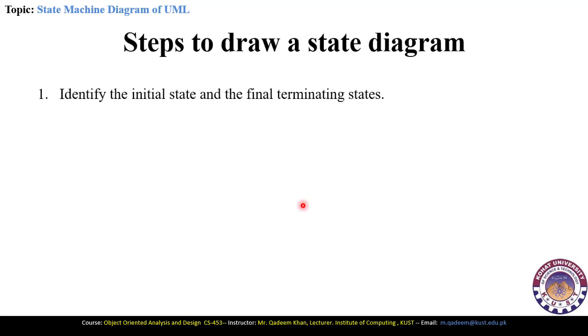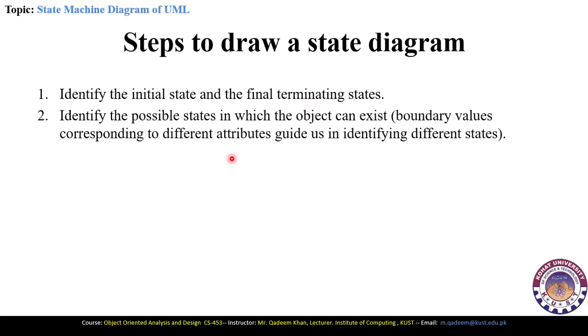Now, what are the different steps used to draw the state machine diagram? First of all, we need to identify the initial state and the final state where the state machine will terminate. Then we identify all the possible states in between the initial and terminating states, in which the objects can exist. The boundaries corresponding to different attributes guide us in identifying all the different states of the state machine diagram.